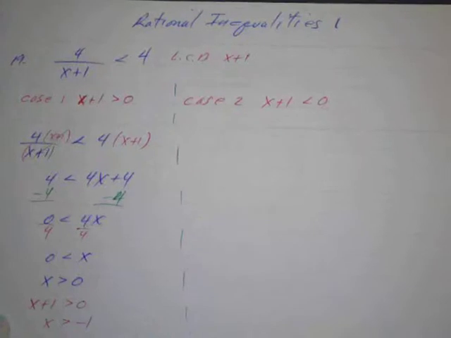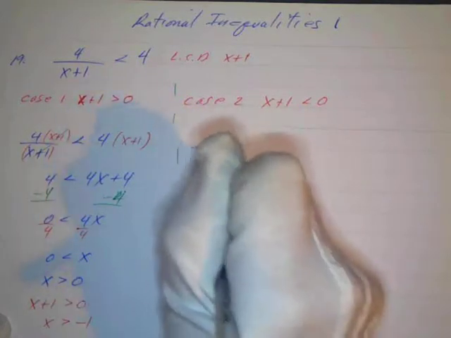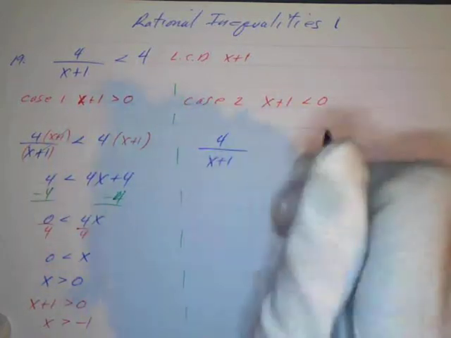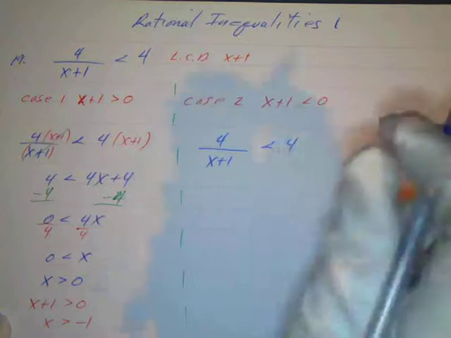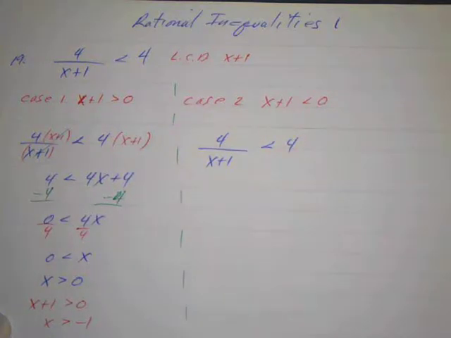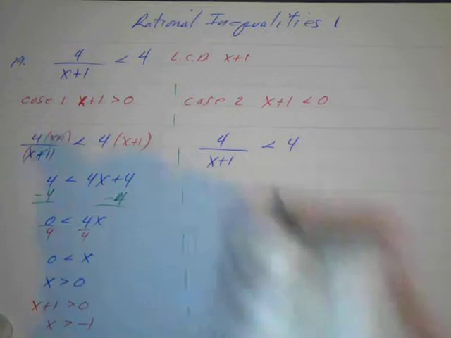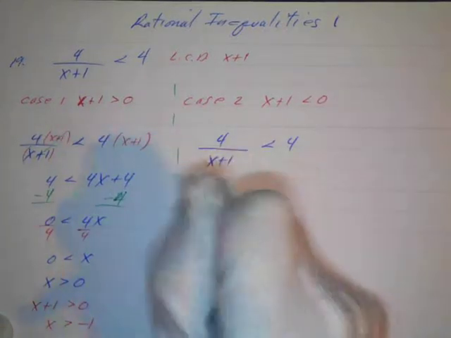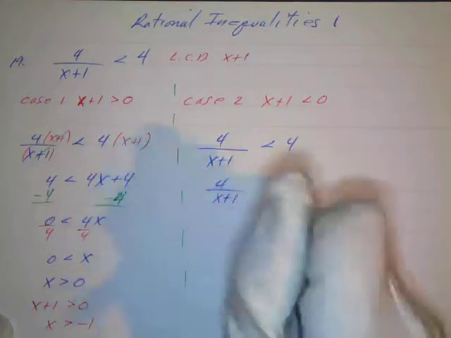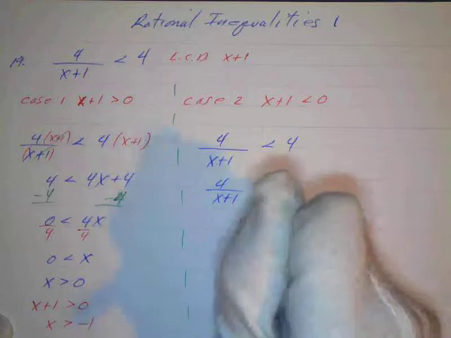So over here, in this case, I'll have my inequality 4 over x plus 1 is less than 4. And then I'll multiply both sides by my... I'm going to rewrite this because I'll need an extra step on this one. 4 over x plus 1 is less than 4.